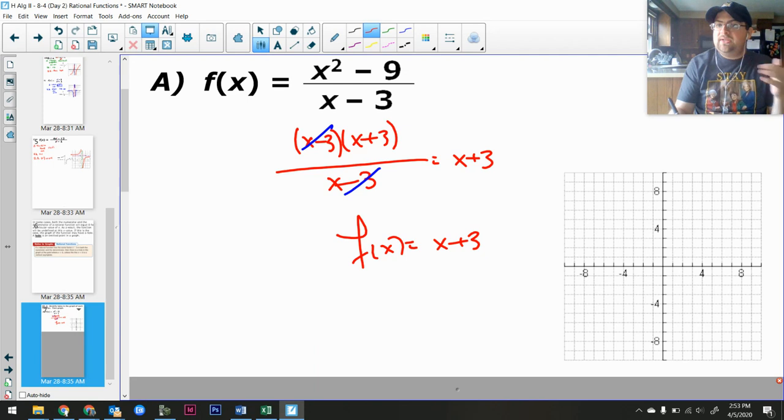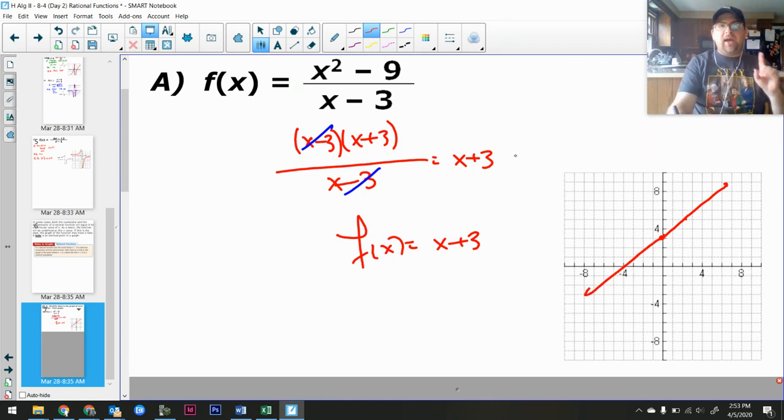That means this function looks like this linear equation, y-intercept of positive 3 and slope of 1. Let me make a line as best I can.